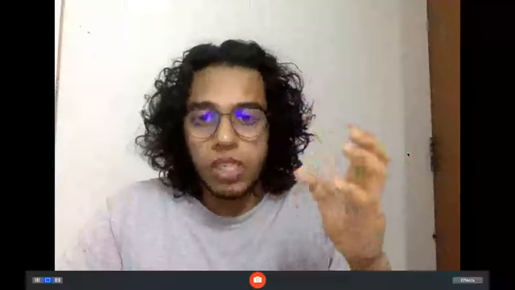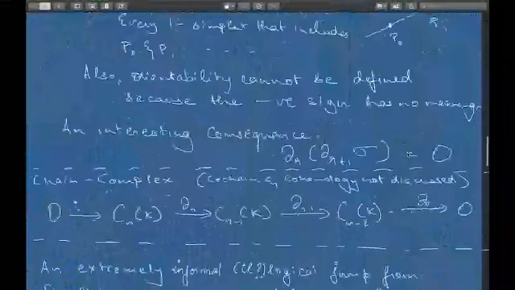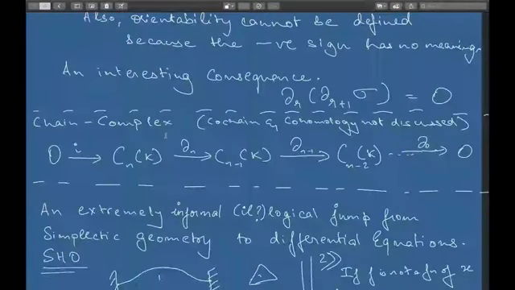For example, if you're trying to solve a particular equation with one method and you need to attack it from a different angle to make it simpler, then you use these groups and group properties to look at which angle will be the easiest to attack the problem from, and so on, right? So essentially you have a very intricate structure that you get when you try to break down a geometric shape. With that said, let's talk about chain complexes.